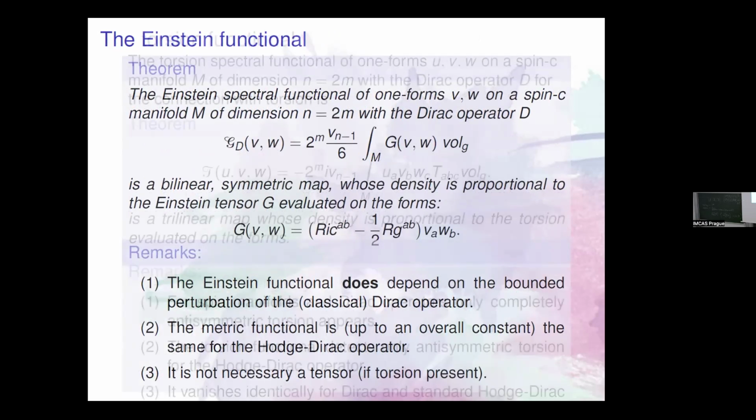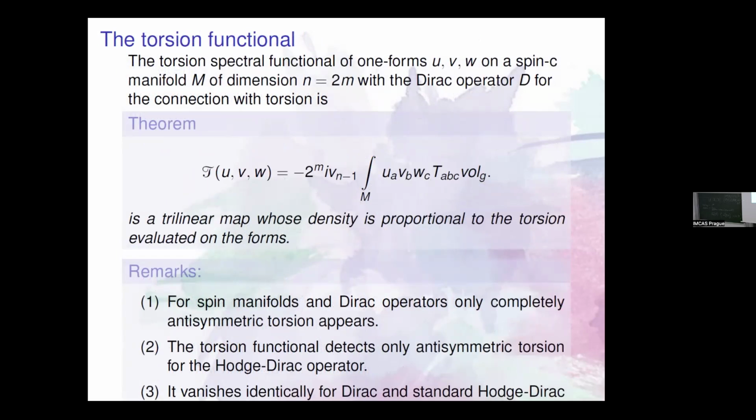And the statement is that if you do it classically for the spin manifold with the Dirac operator, then what you get is the torsion contracted with these three forms. So this is a three-tensor.